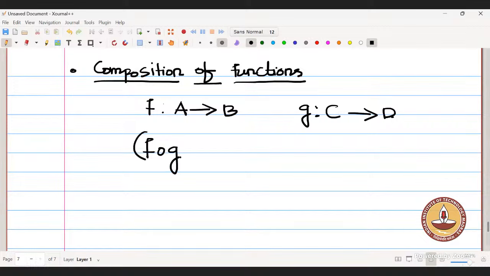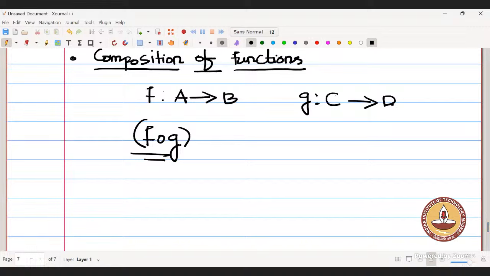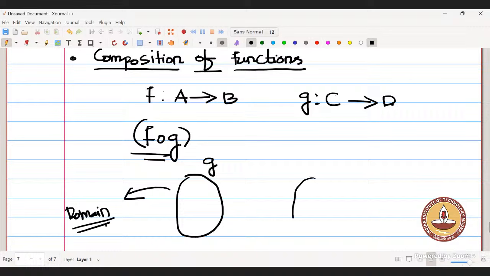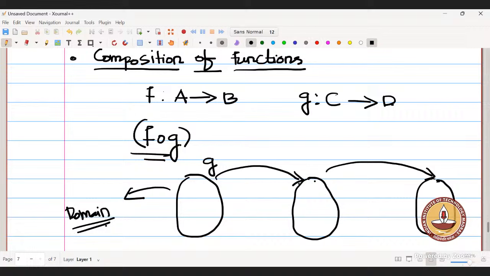So when can I compose? As you can see, I have this g, and this is the domain, and it's going to this thing. This is my f, and this is the codomain.